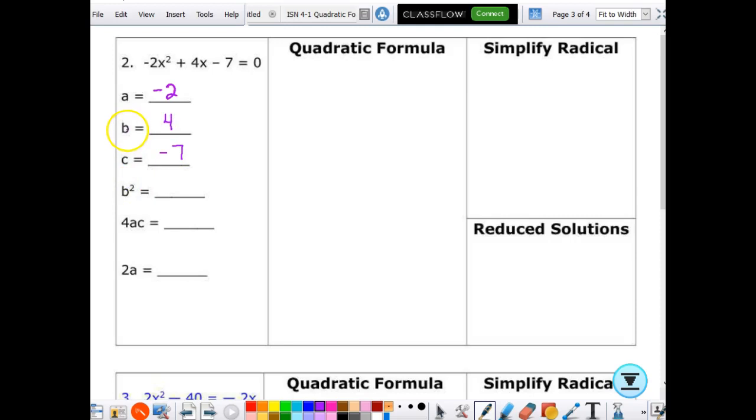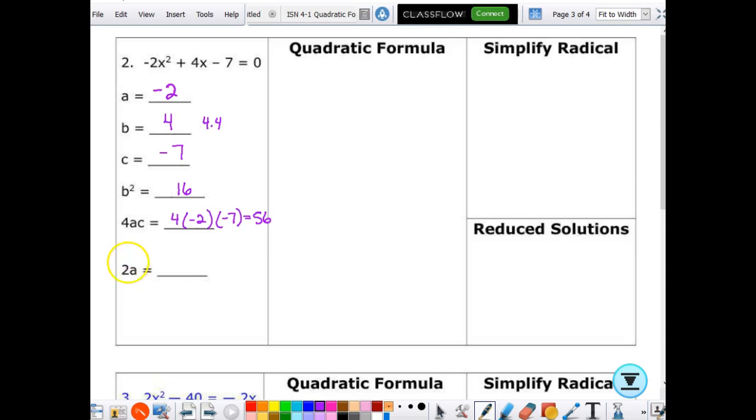B squared. Take your B and square it. 4 times 4 is 16. 4 times A times C. Okay. Negative 8 times negative 7 is a positive 56. So things are a lot easier if you know your math facts, okay, guys?